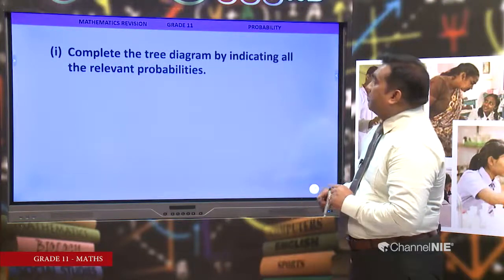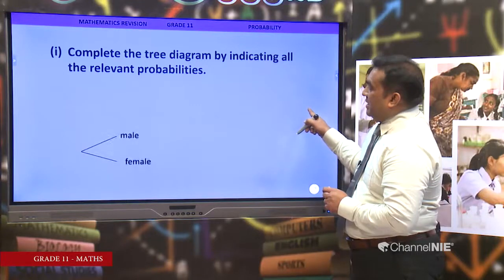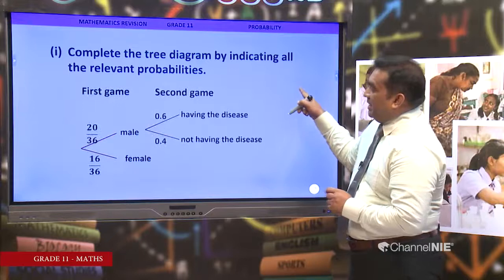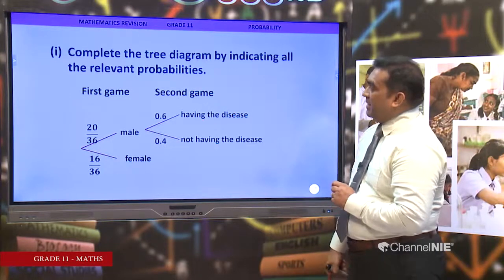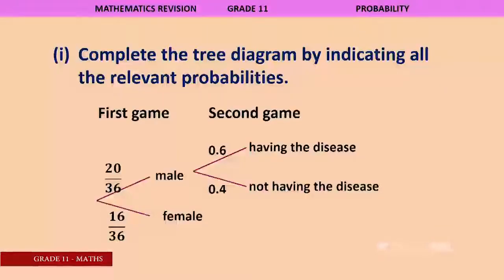Now, complete the tree diagram by indicating all the relevant probabilities. Male, female probability, right? 20/36, 16/36. Male, female probability.